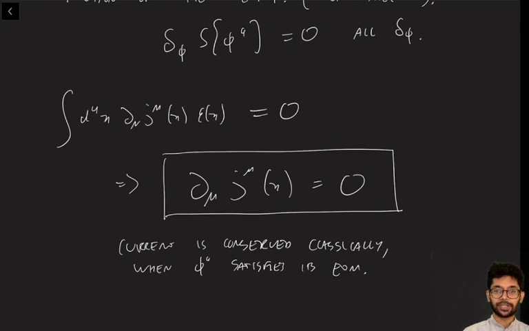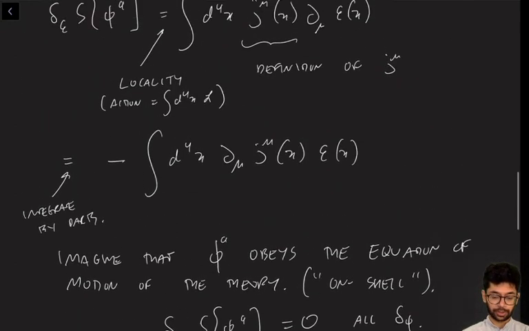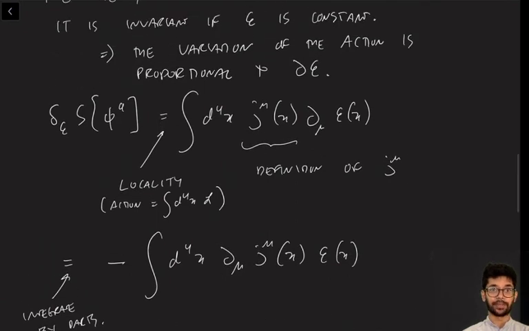Okay, so this is a slight rephrasing of the usual Noether's theorem. So this also, by the way, gives you a way to compute J. Okay, so if you want to compute the current J, what you should do is vary the action by a time and space varying symmetry parameter, and you'll see you can always write it in this form.